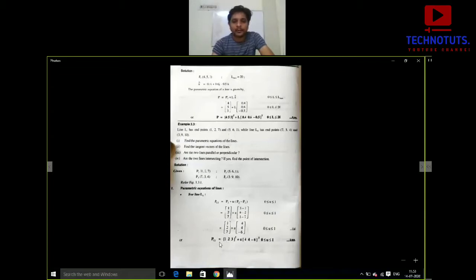P_L1 is equal to the horizontal matrix (1, 2, 7) transpose plus U into the horizontal matrix (4, 4, minus 6) transpose, where the value of U ranges from 0 to 1. This is the parametric equation of line L1.